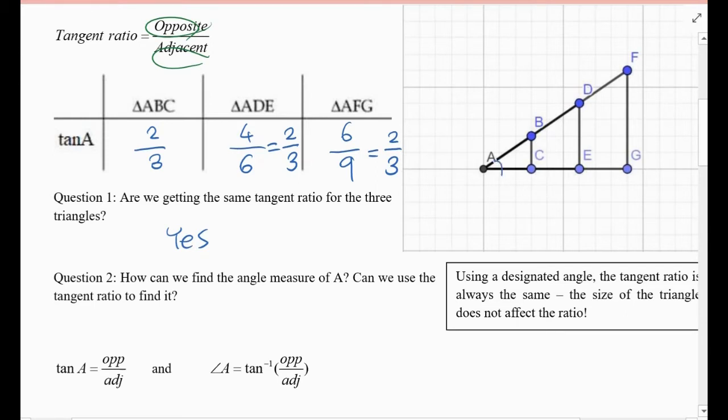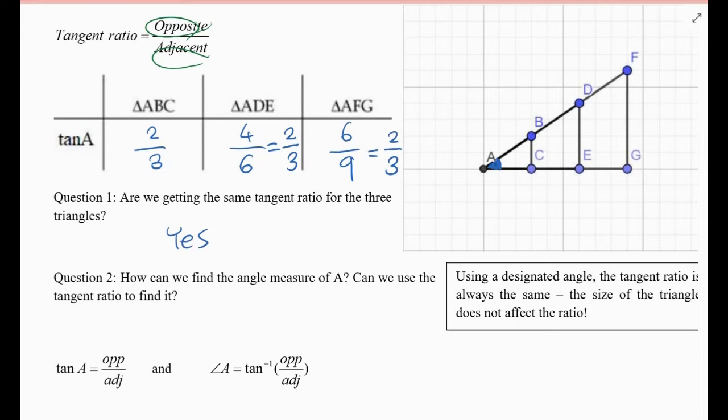So tangent of 30 something is 2 over 3, 2 over 3, 2 over 3. It doesn't matter how big the right triangle is; as long as you use the same angle, you get the same ratio.